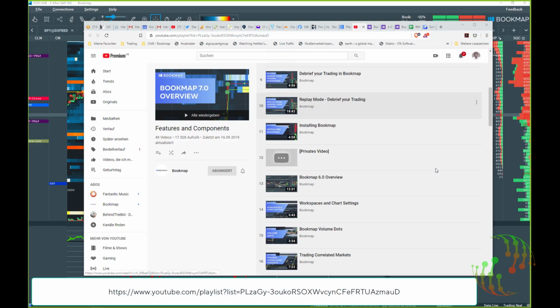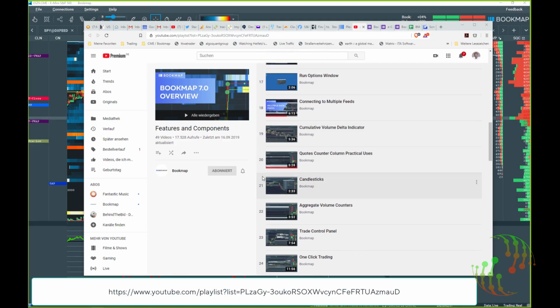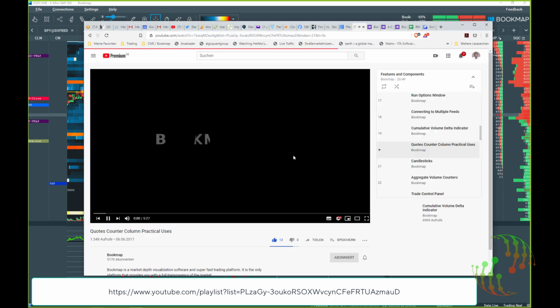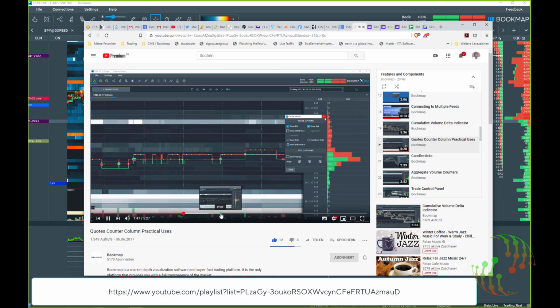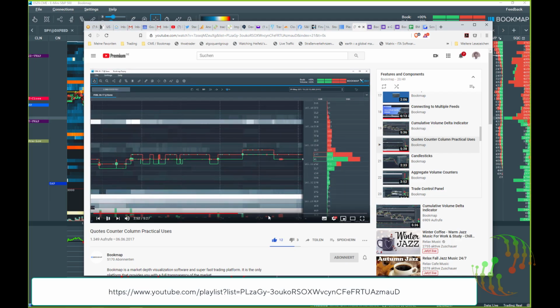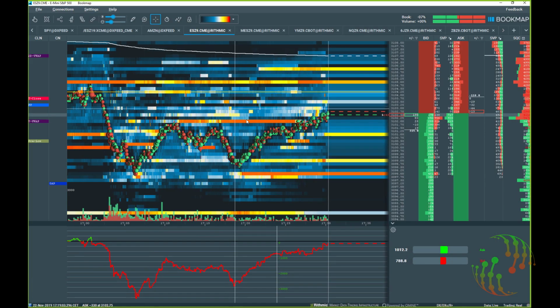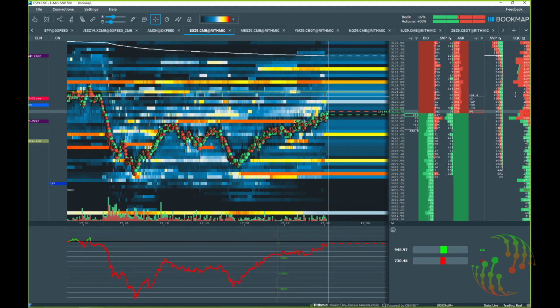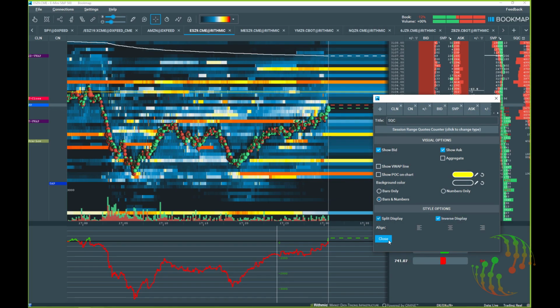One of these features is the quotes counter, practical use, accumulated, click chart range accumulated. This is mainly about how to set it up, but go through it. I don't see any useful practical application for my trading in watching the quote center. So maybe you can correct me, and I would be happy to learn about that.